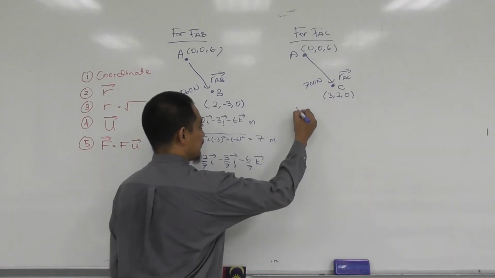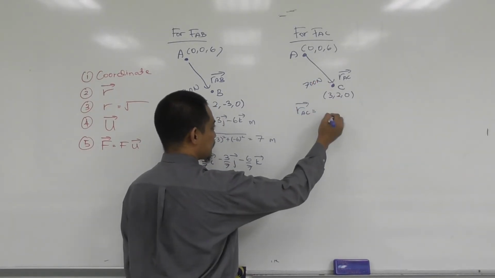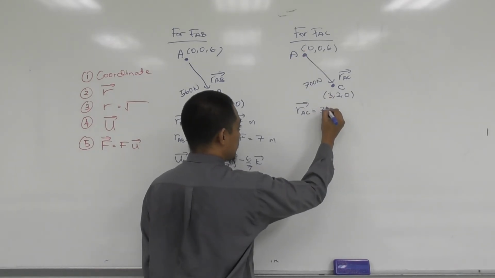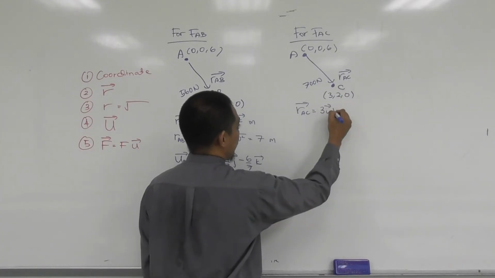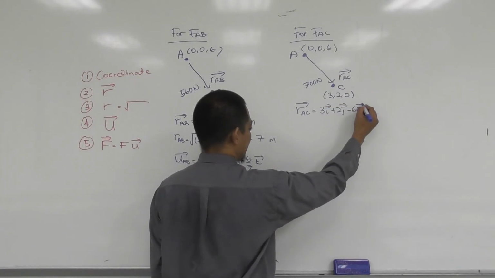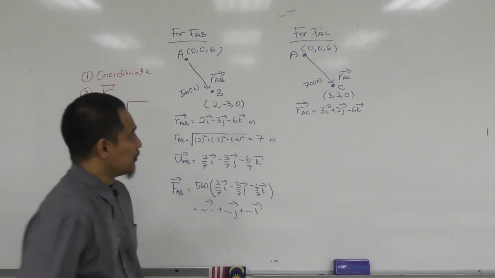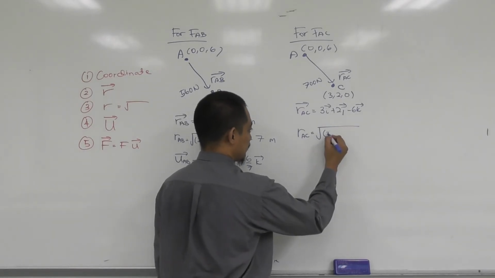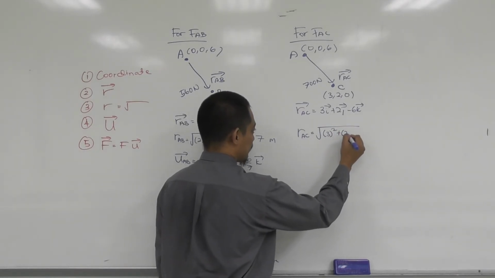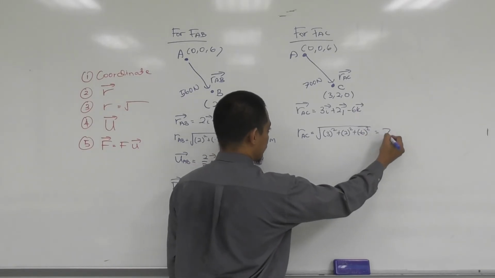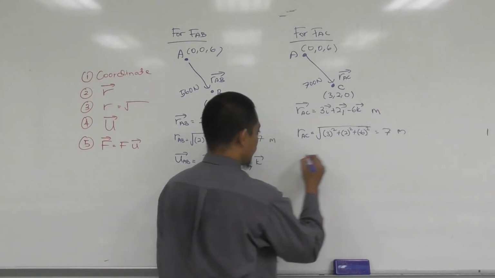From here, RAC is C minus A. So 3 minus 0 is 3i, 2 minus 0 is plus 2j, 0 minus 6 is minus 6k. And then the RAC magnitude is square root of 3 squared plus 2 squared plus 6 squared. You get 7 there.